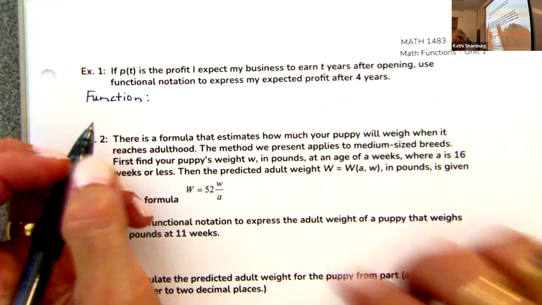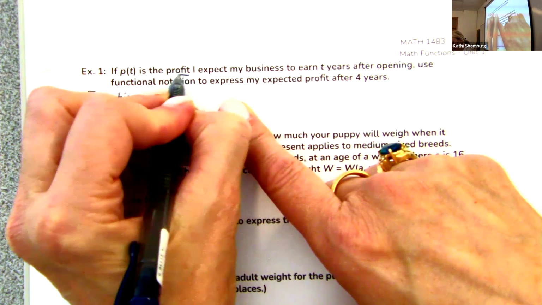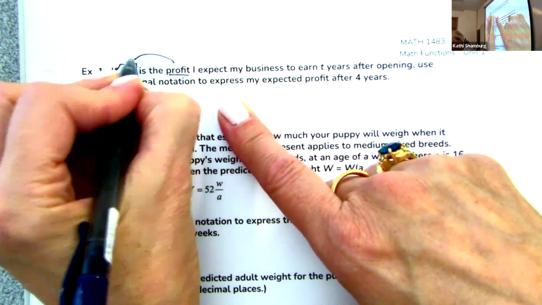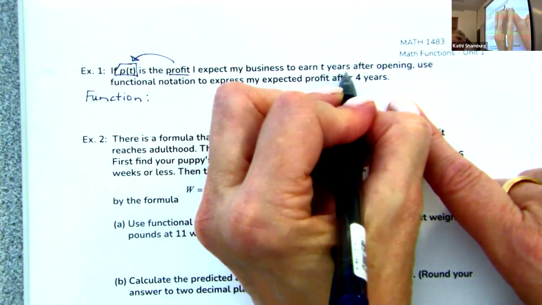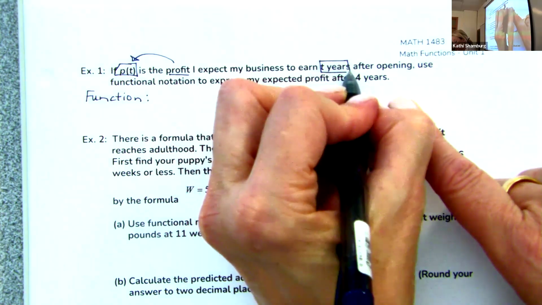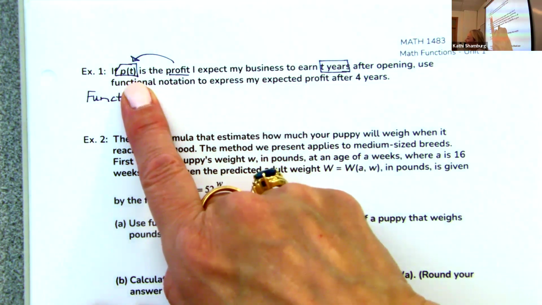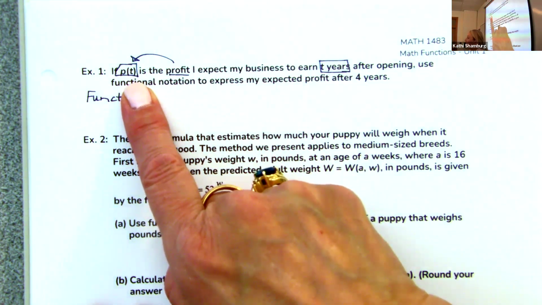Okay, so the profit is dependent upon what? All right, so look here, we've got profit is dependent upon T years. Also notice T is in the parentheses. What will always be in the parentheses? The variable.